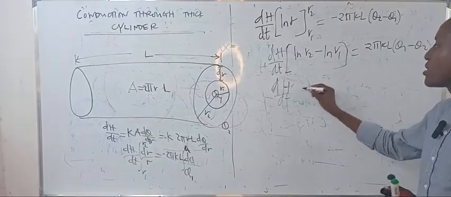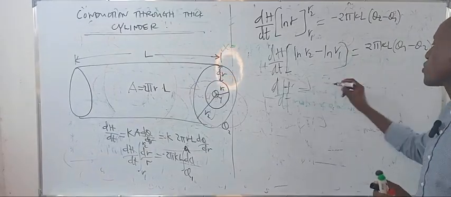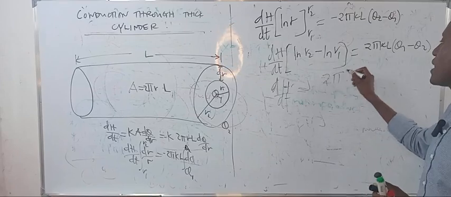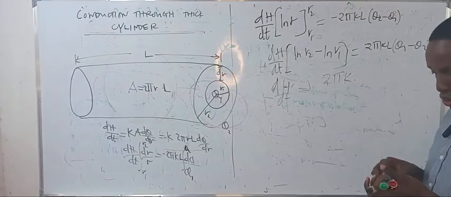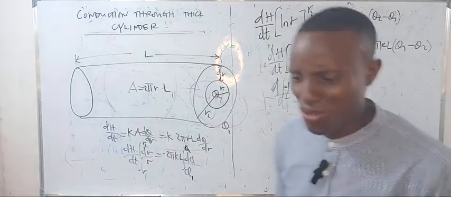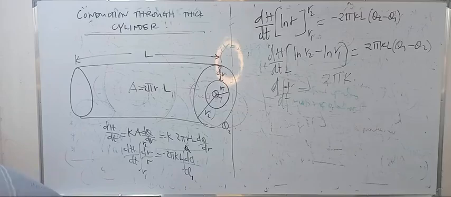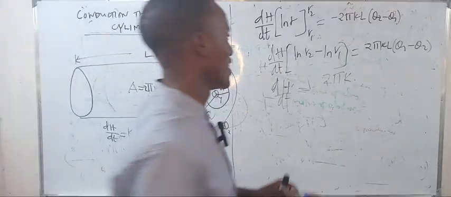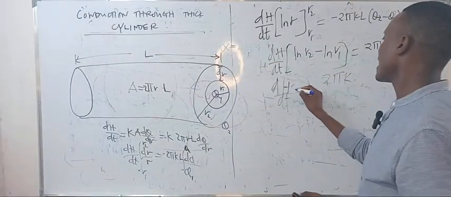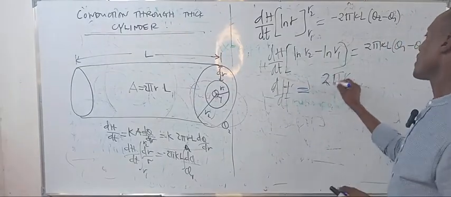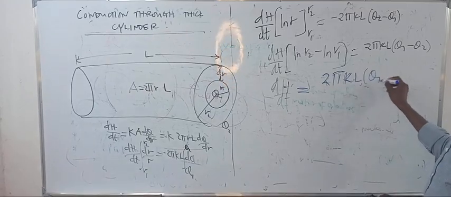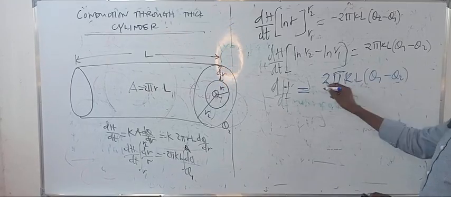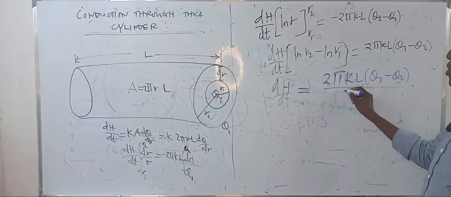So dH over dt equals 2 pi k L times theta 1 minus theta 2 over ln R2 minus ln R1.